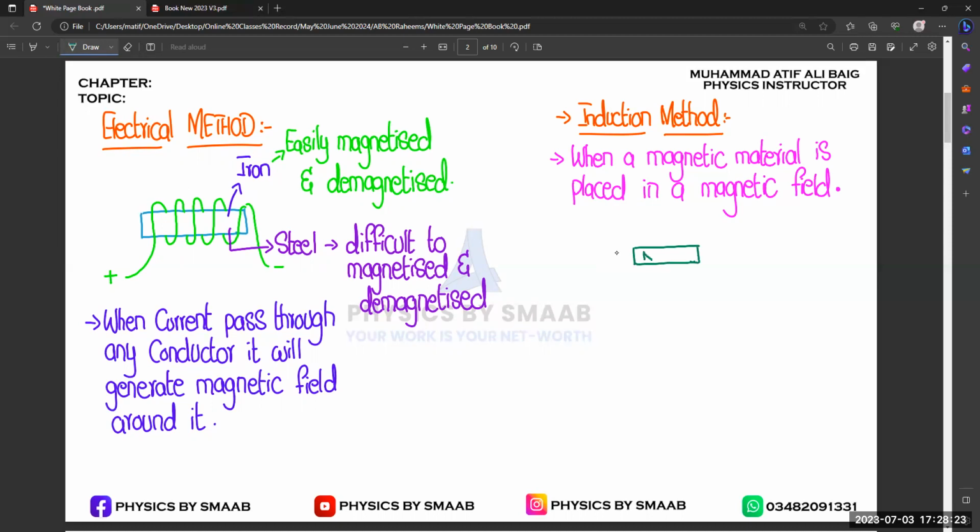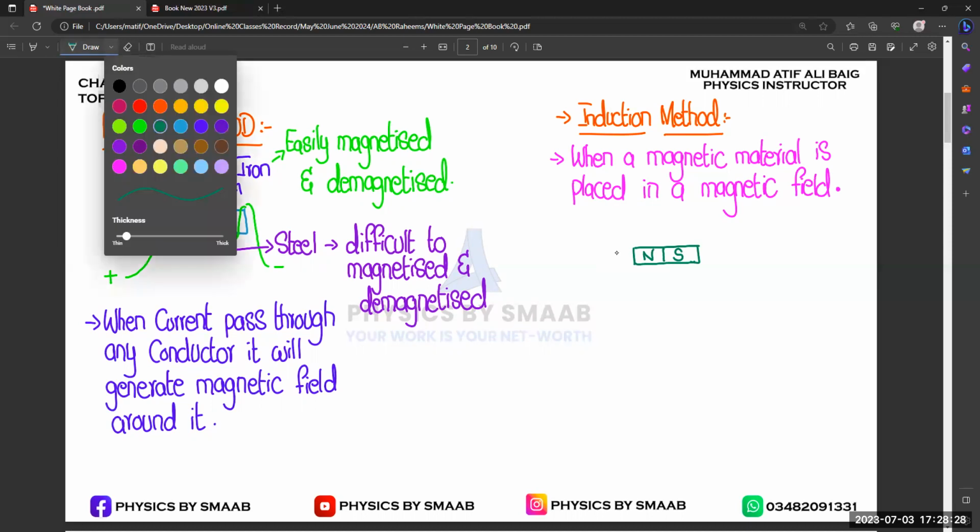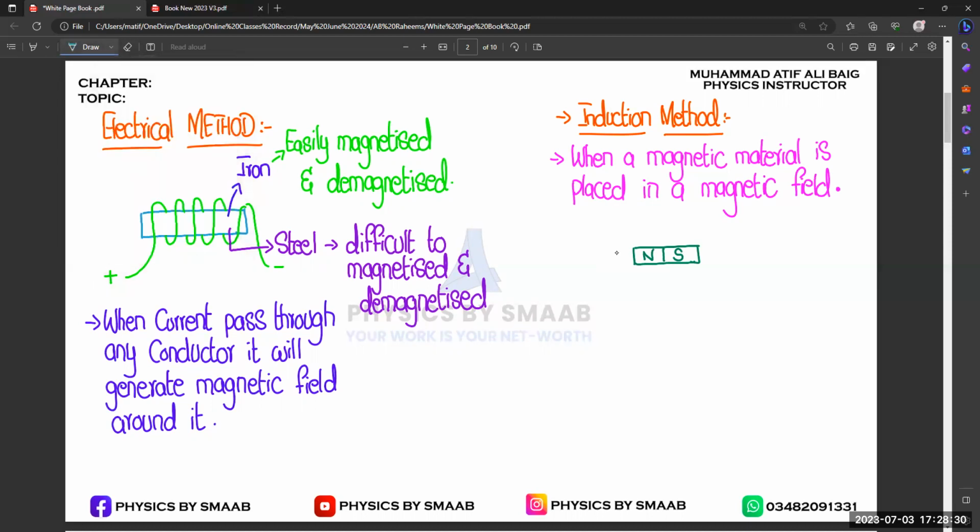and there is a north pole and a south pole, and we place, let's suppose, an iron bar or a steel bar over here. So this is our steel bar of iron, very close to the magnet.